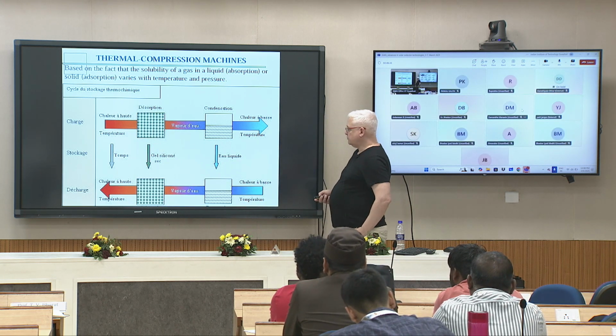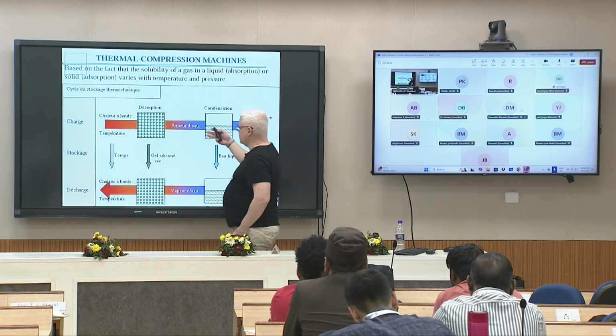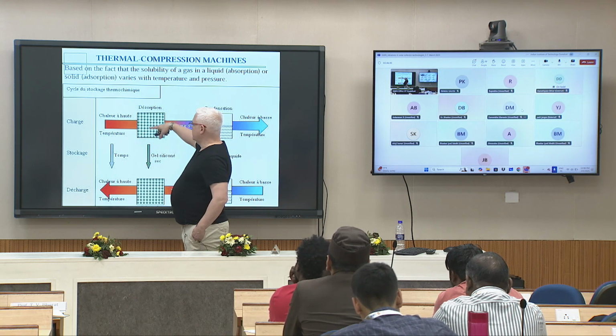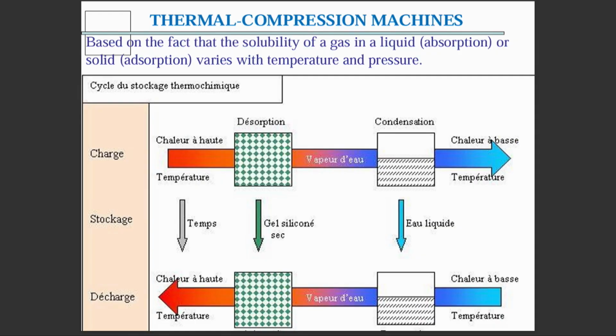So you have this option. When you are injecting heat, you have desorption. You are separating the two bodies. The water vapor is in one tank and the other in the other tank. There is condensation, then it becomes liquid, then you can mix again.